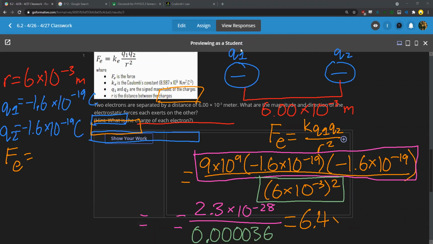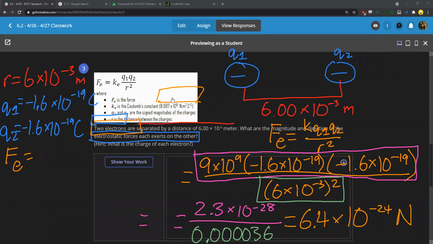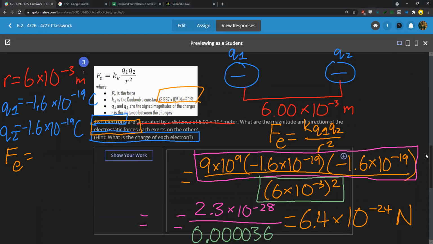Okay. So number 3 says that there are 2 electrons, right? And they're separated by a distance, which I've drawn here.